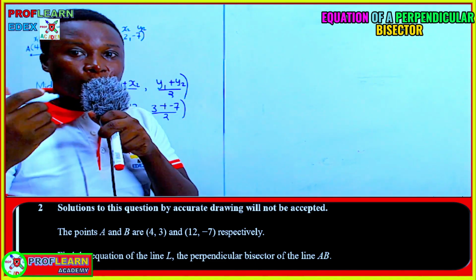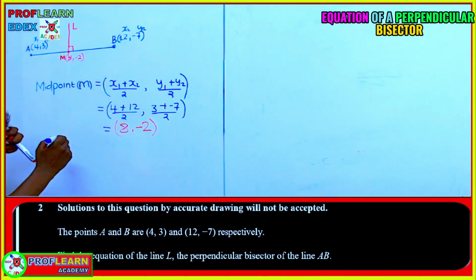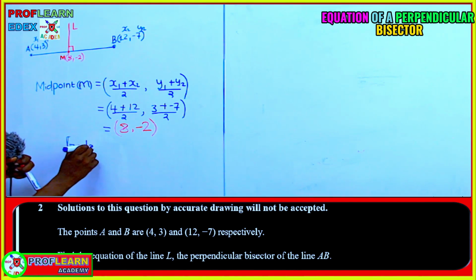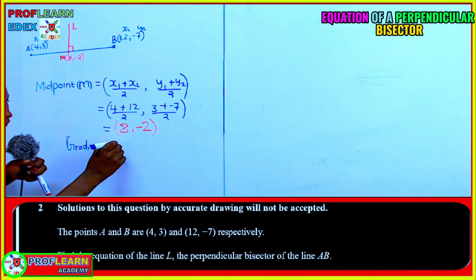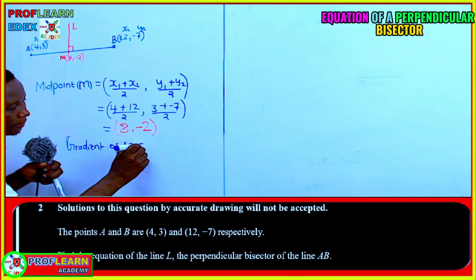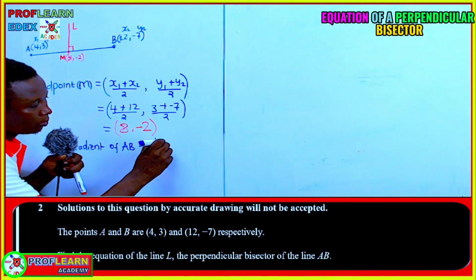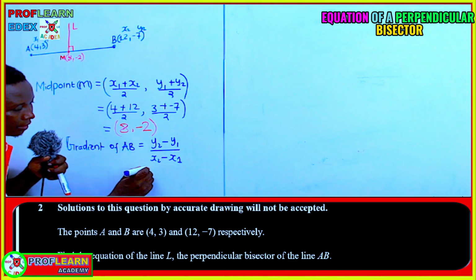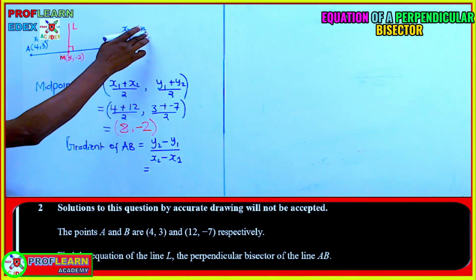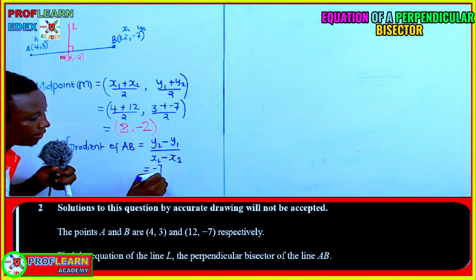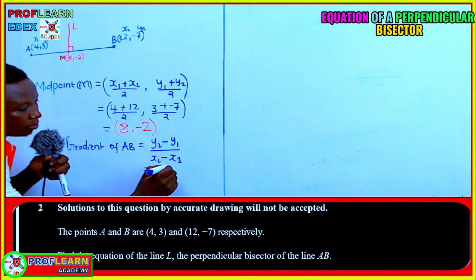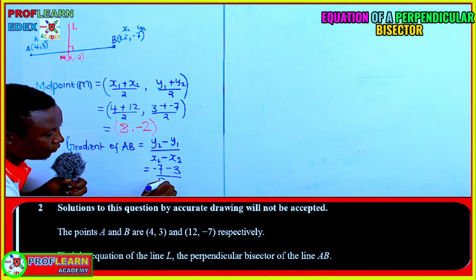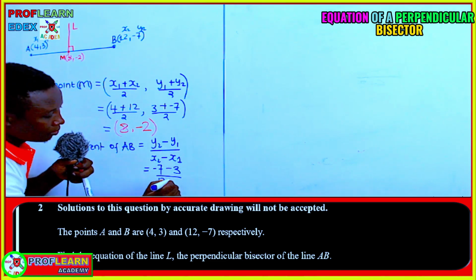That is going to enable us to work out the gradient of the other one. So we find the gradient of AB. Remember, gradient is given by y2 minus y1 over x2 minus x1. We had identified this to be our y2, so we say -7 minus y1, which is 3, over x2, which is 12, minus our x1, which is 4.